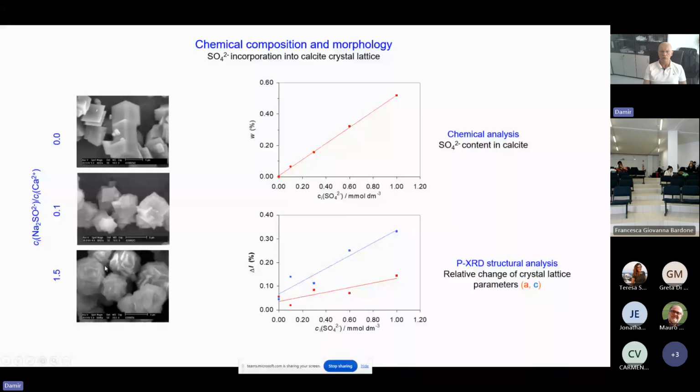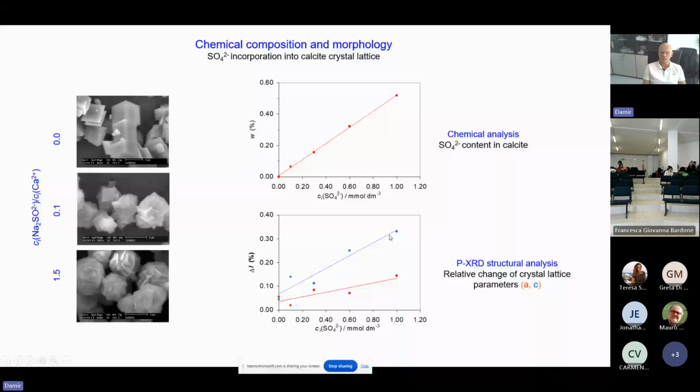This structural analysis indicates that sulfate was introduced in a percentage of 0.5 when 1 molar sodium sulfate was introduced in the solution. We also observed changes of the structure of the calcite.